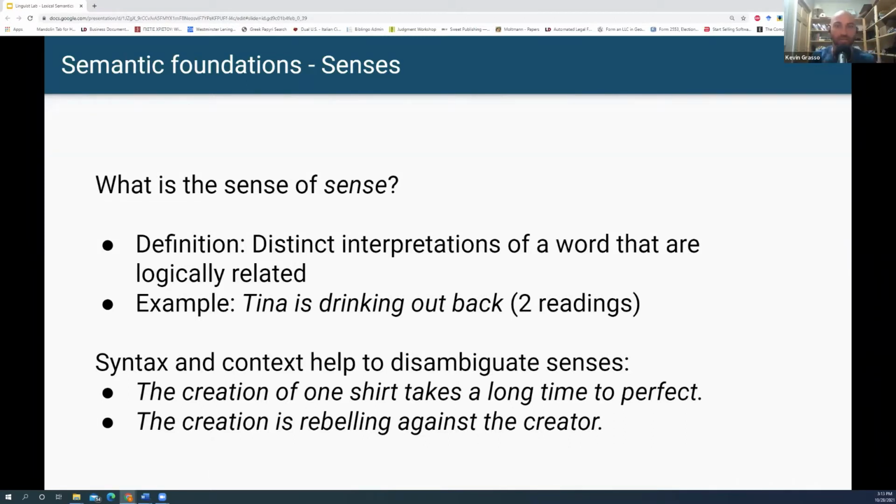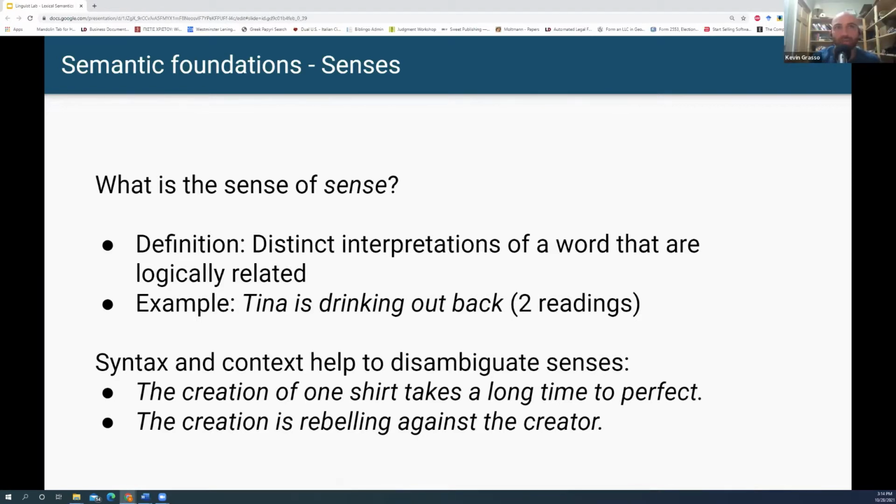So if a verb has two truly distinct senses, then that word can contribute two distinct things to a context, even if they might be logically related. Whereas meanings can arise from almost anything in that context, right? Does that kind of answer your question? Yeah, no, that's helpful. I know it's hard, but thanks, Kevin. Yeah.